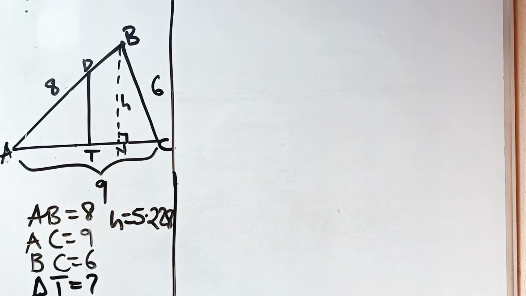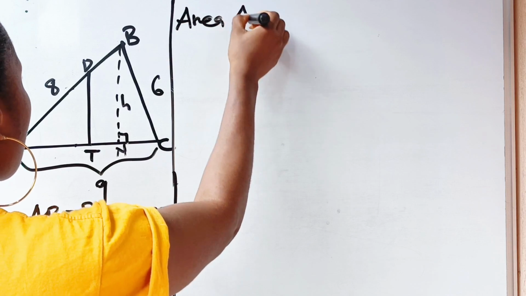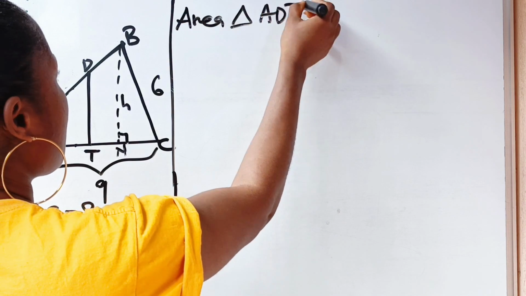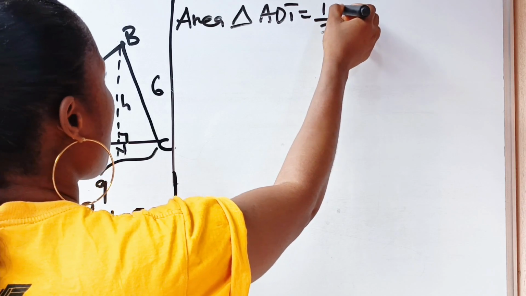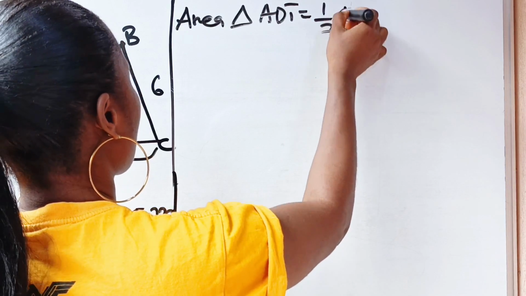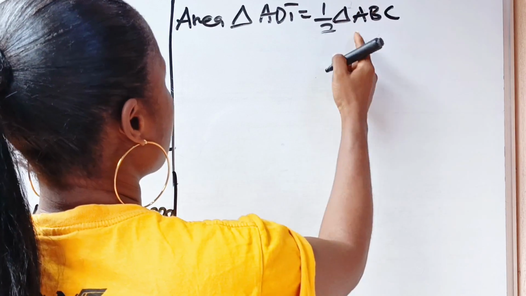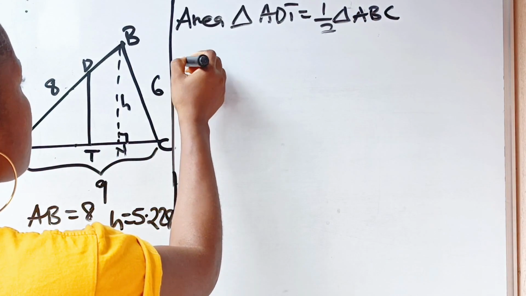Okay, so let's get the area of this triangle and get half of it for the area of triangle ADT. So the area of triangle ADT is equal to half of the area of triangle ABC. So let's get the area of triangle ABC.